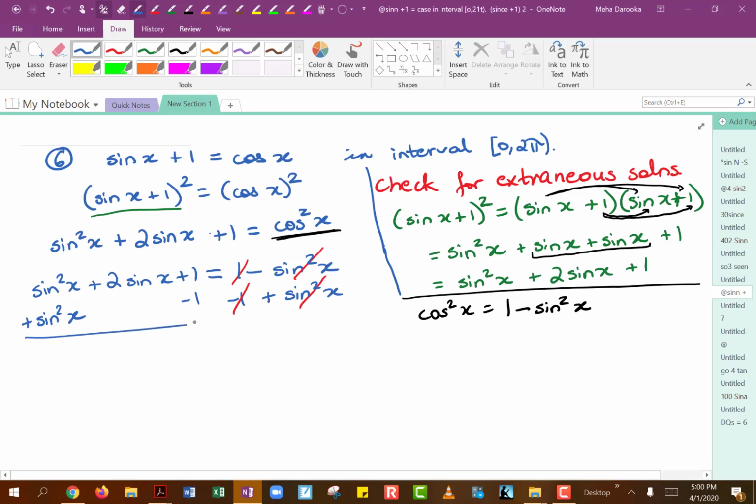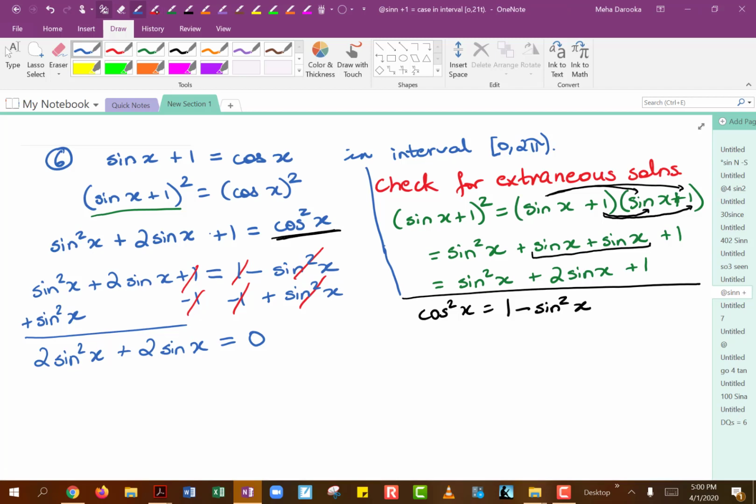So when you add these guys together, sine squared plus sine squared will become 2 sine squared of x. My middle term is 2 sine of x. And then here, positive 1 and negative 1 will also cancel out. So you're basically now just left with 2 sine squared of x plus 2 sine of x equals 0.